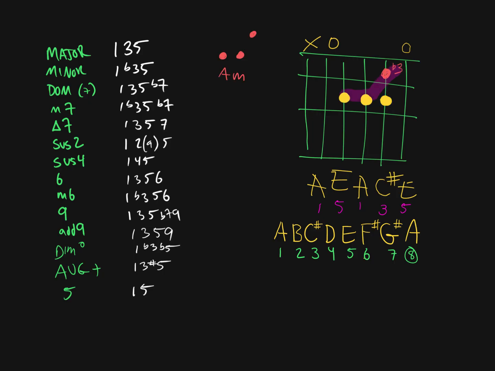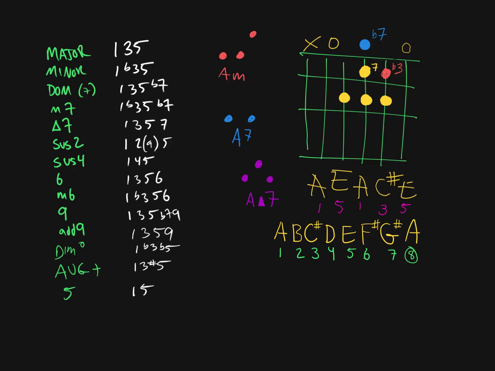And you can see that shape over here, how it's pretty much very similar to the one that we see already. Now if we take this 1 and we move it down 2 steps, giving us a flat 7, then we see the chord shape for A7. If we do that same position just down a half step, we get a major 7. Now we've got that upward triangle shape that's going to give us a major 7.